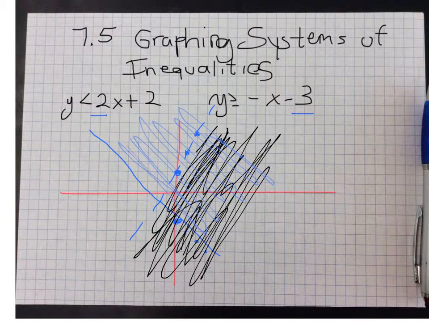The area that's the solution set to these two inequalities is this area right here, where the shading overlaps. Any point that I pick inside that overlapping shading would be a solution to the system of inequalities.